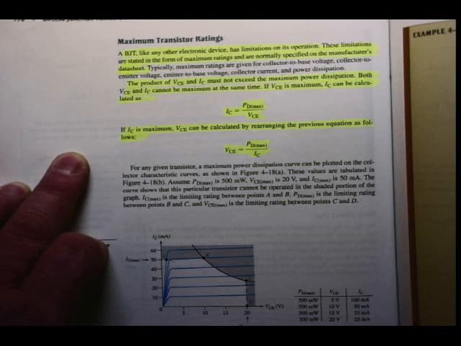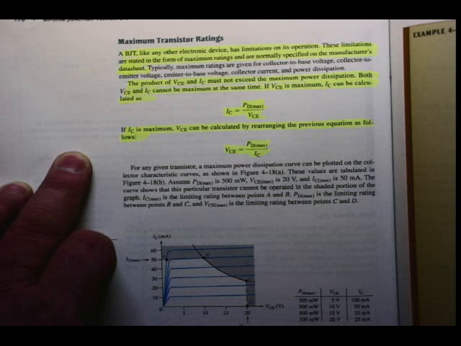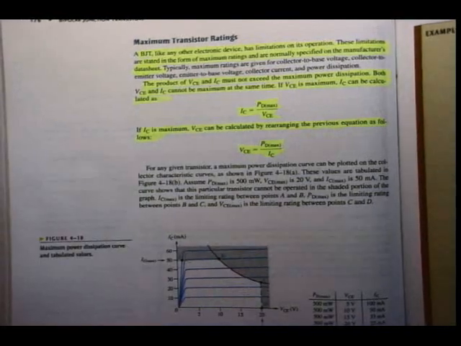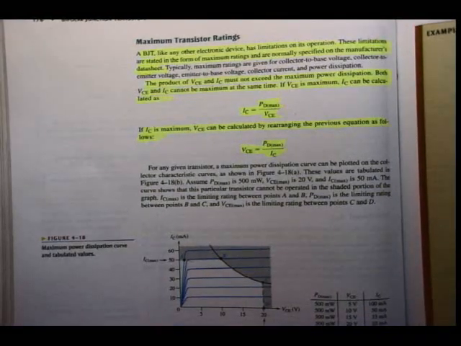Of course, like you've learned in electrical engineering, the product of voltage and current, in the case of the transistor the product of VCE and IC, must not exceed the maximum power dissipation. Both VCE and IC cannot be maximum at the same time. And we've seen that on this transistor's characteristic curve, if I can go back here to this graph.